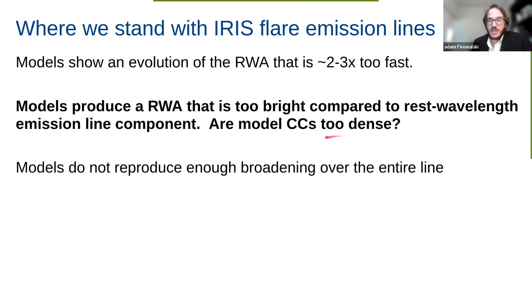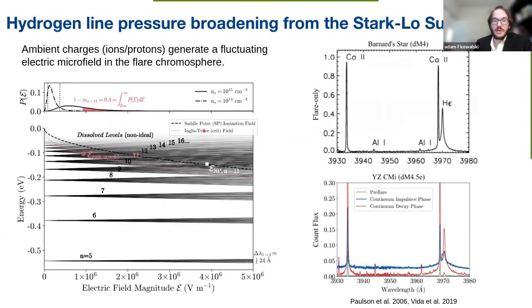And to answer this question, we need to look at lines that are well understood in terms of their broadening sensitivity to the density, and lines that broaden dramatically to increases in the density. And these lines are the hydrogen lines, which broaden dramatically due to the Stark effect.